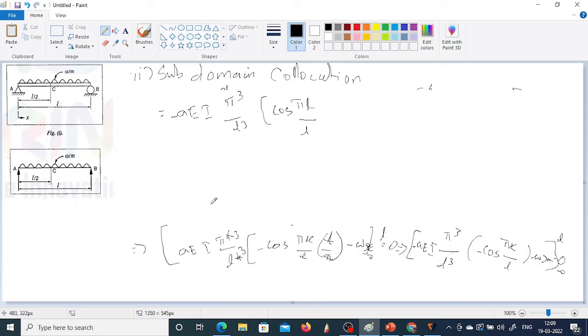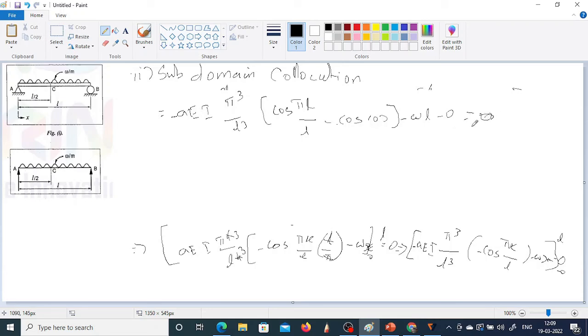Okay, so this minus gets out from this overall term, so that minus AEI pi cube by L cube I got cos pi L by L minus, if I substitute 0 here, cos 0. Minus, what happens? I substitute the upper limit in the wx, meaning WL, I got minus. If I substitute the lower limit 0, here I got 0, which is equal to 0.